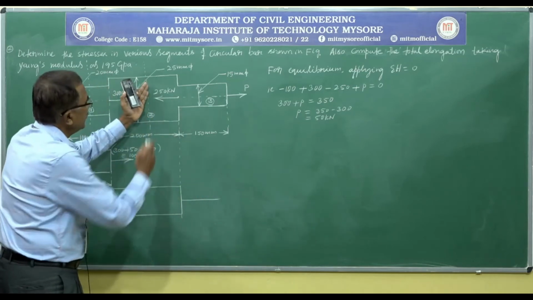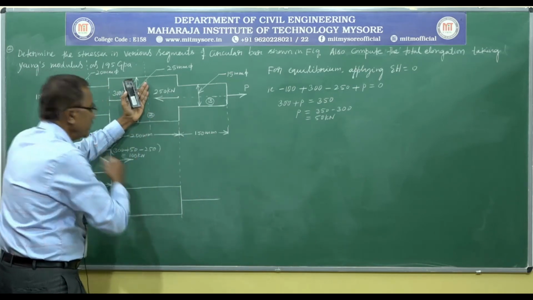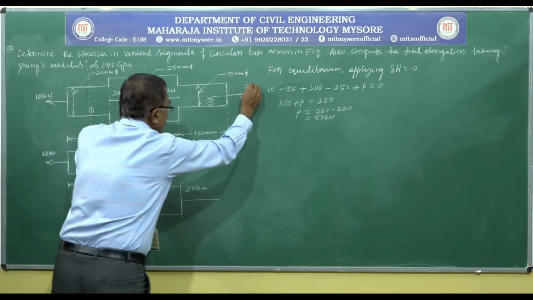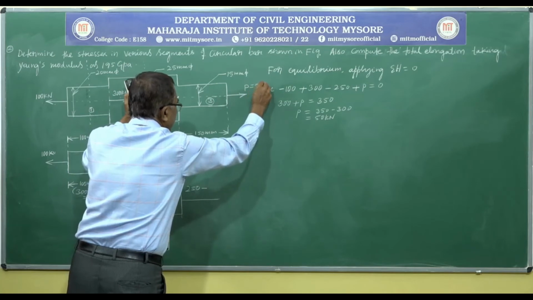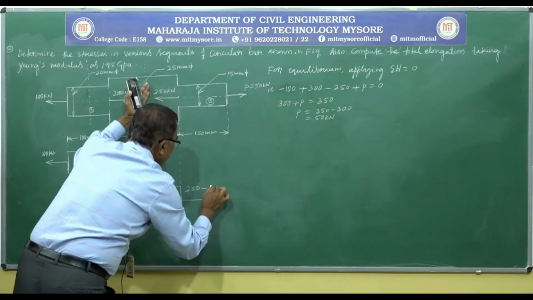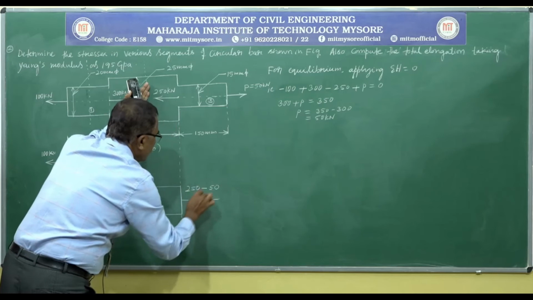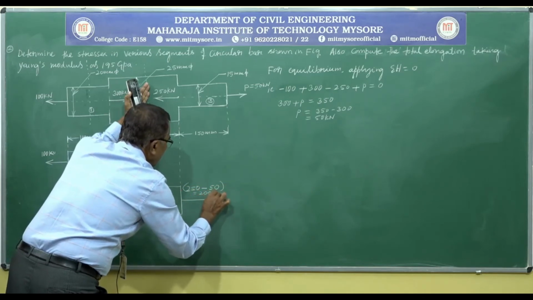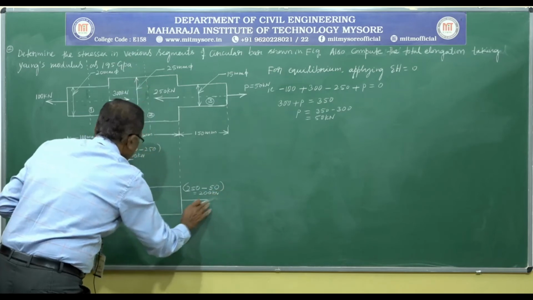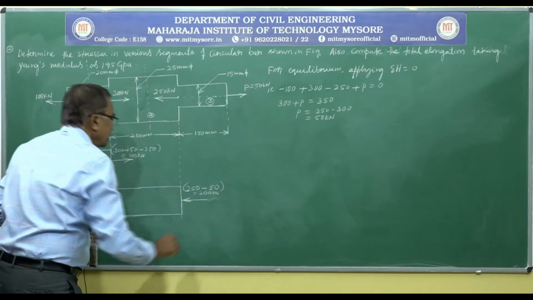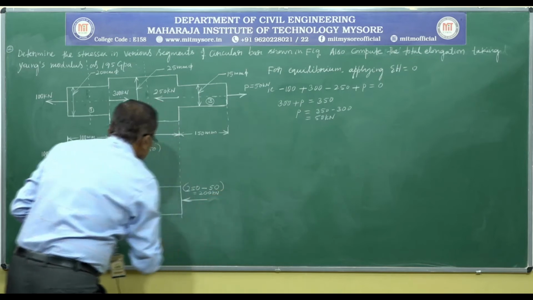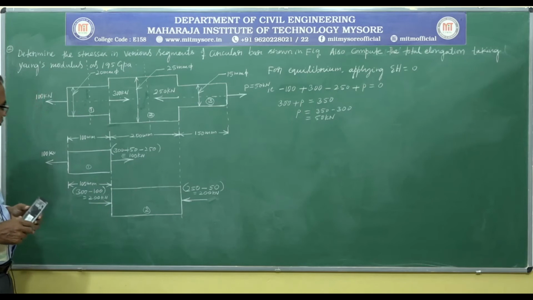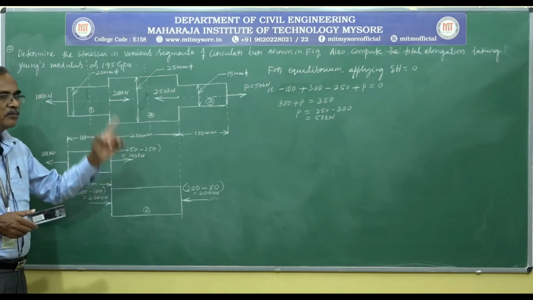The higher magnitude force acts in the leftward direction: 250 minus 50, which we already calculated, remaining is 200 kilonewton, the remainder load acting in the leftward direction. So segment 2 is in equilibrium under the action of 200 kilonewton compressive load.